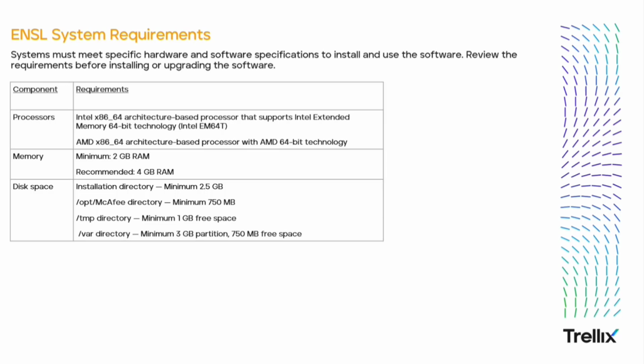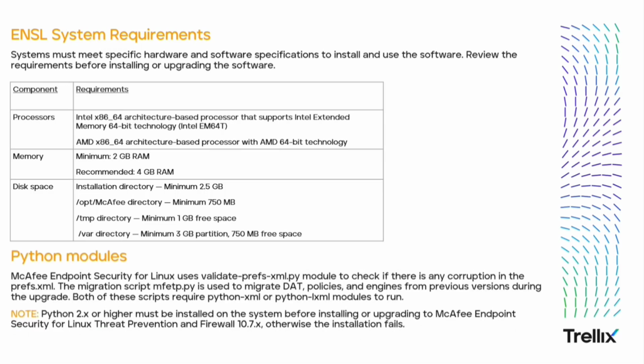In the var directory, it requires a minimum 3 GB partition, whereas 750 MB of free space is needed. ENSL also has a dependency on Python modules. We must have Python 2.x or higher installed on the system in order to proceed with ENSL installation.